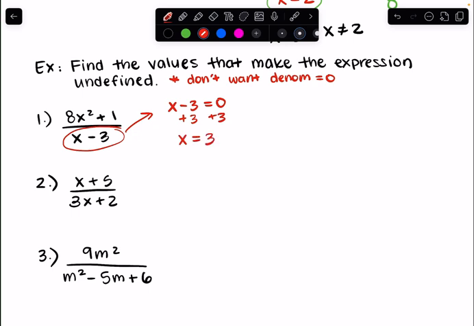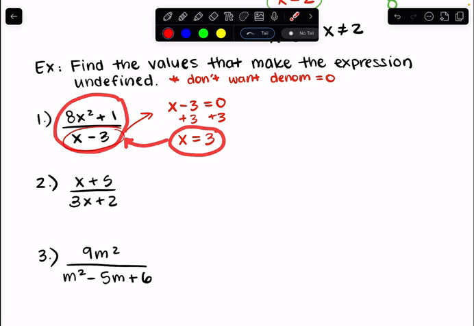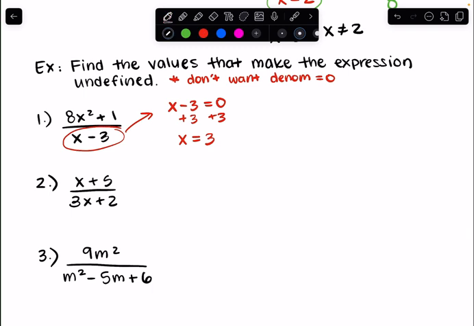So if you were to take the value x equals 3 and plug it into this entire function, I'm not worried about what happens on the top. If I put this in, 3 minus 3, you're automatically going to get a 0 on the bottom. And so when we solve for this, x cannot equal 3. That value makes it undefined.